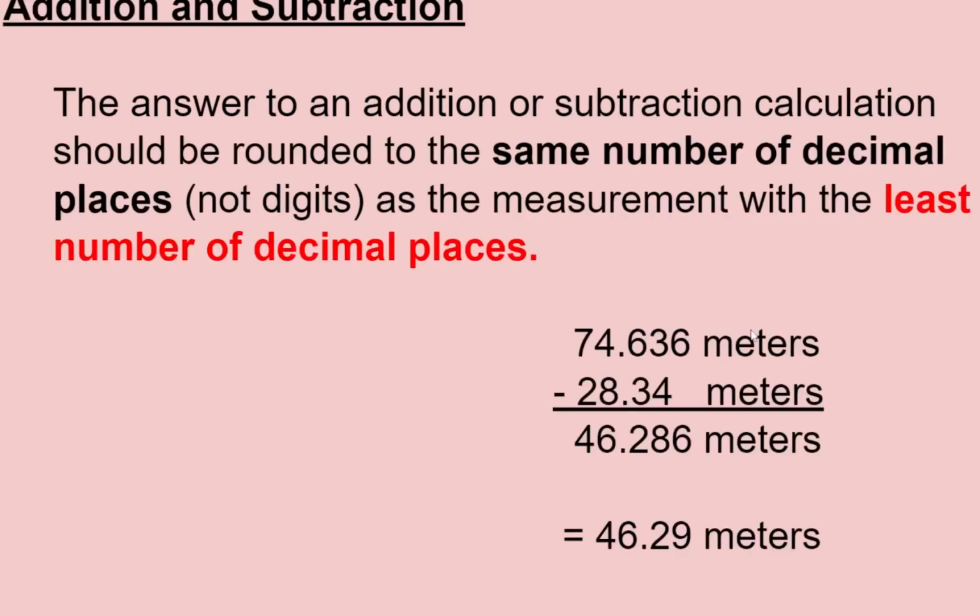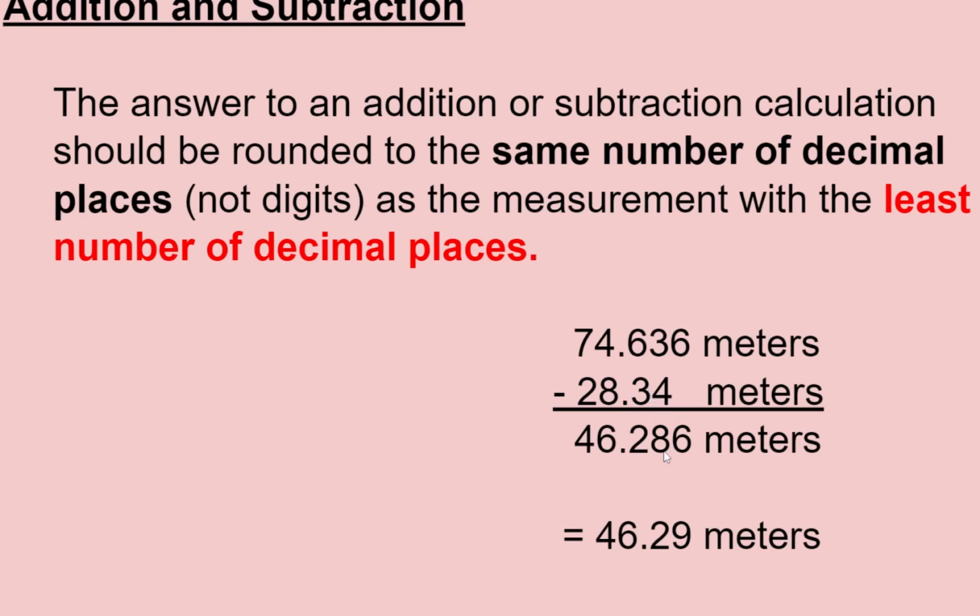For addition and subtraction, our least accurate device is the one with the least number of decimal places. So if you line up by the decimal places here, our subtraction example, you do the math as you normally would, but then we have to round. We have 2 decimal places here and 3 decimal places. 2 decimal places is our least number of decimal places for this addition and subtraction.